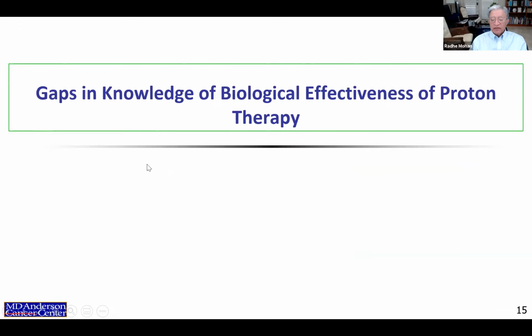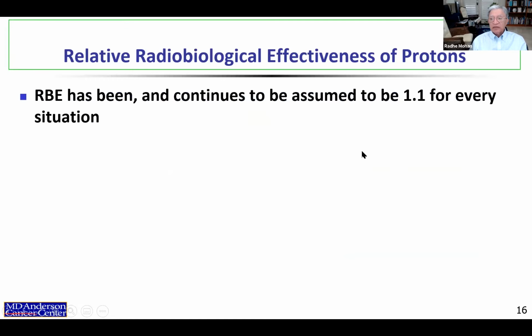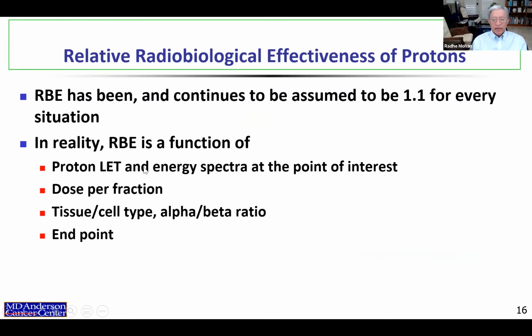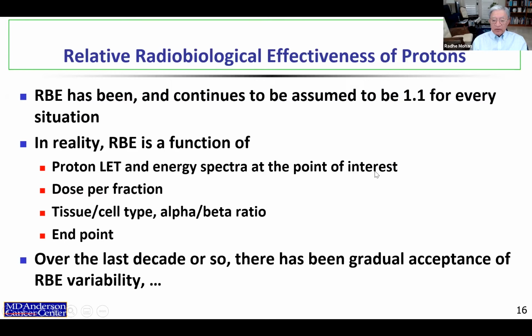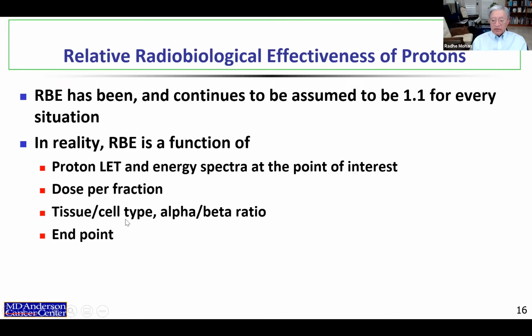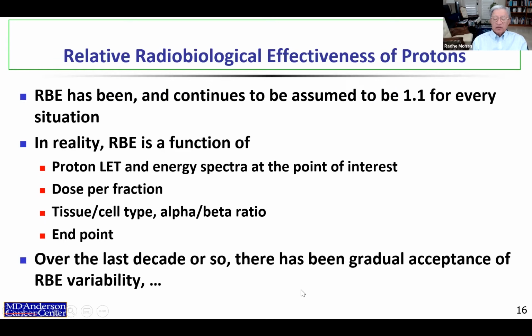And there are gaps in our knowledge, and Brígida went through some of that. The RBE has been and continues to be assumed to be 1.1 for every situation. In reality, it is a function of LET, dose per fraction, tissue and cell type, alpha beta ratio, and endpoint. And over the last decade or so, there has been a gradual realization that RBE variability is important.